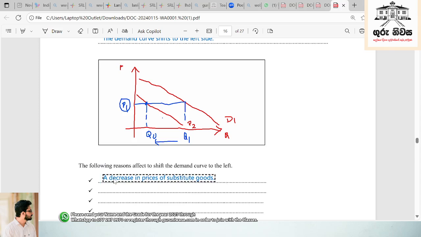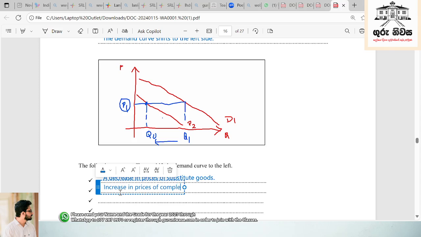Second one, we can say, increase in prices of complementary goods. Increase in prices of complements.